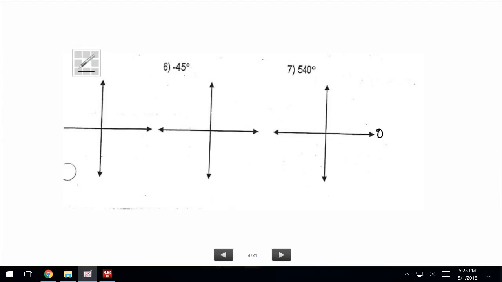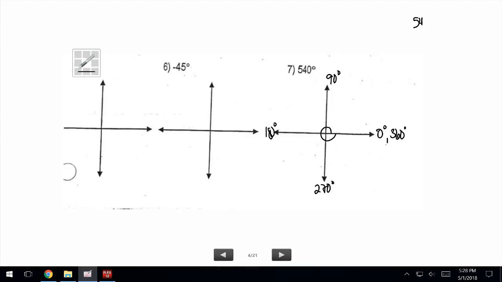All right, look at number 7. 0, 90, 180, 270, and then back around to 360, okay? And 540 is more than 360. So you're like, okay, I need to start at 0 and go up and around one full circle, because I have to go at least 360.